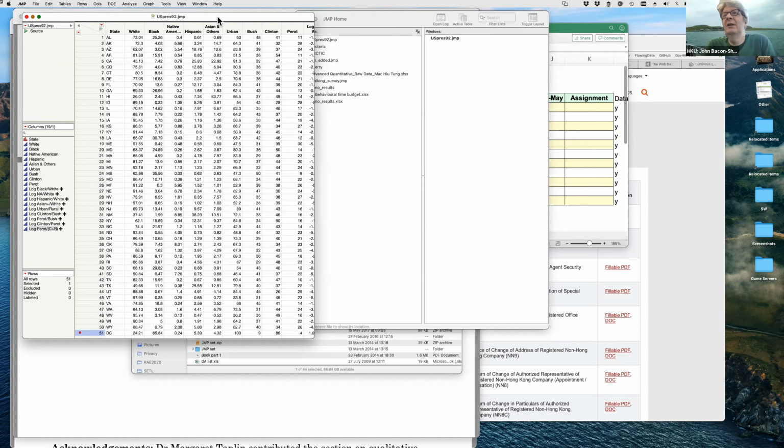In each of the 51 states, you have to pay money to get on the ballot or do other things to get on the ballot. So it's very hard to compete unless you have money behind you. They have only two major parties in the US, the Republicans and the Democrats.